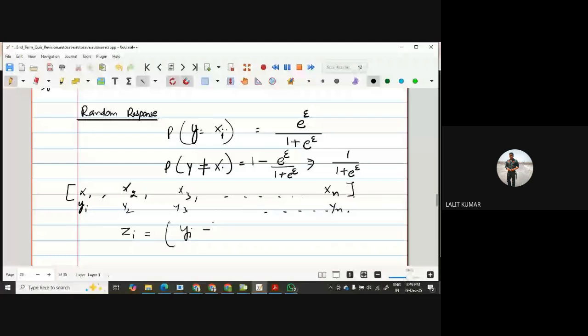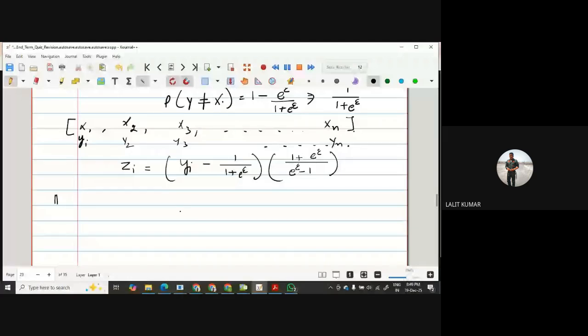What I do is find zi equal to yi minus 1 over 1 plus e to power epsilon, multiplied by 1 plus e to power epsilon over e to power epsilon minus 1. And now I find the expected value of z.